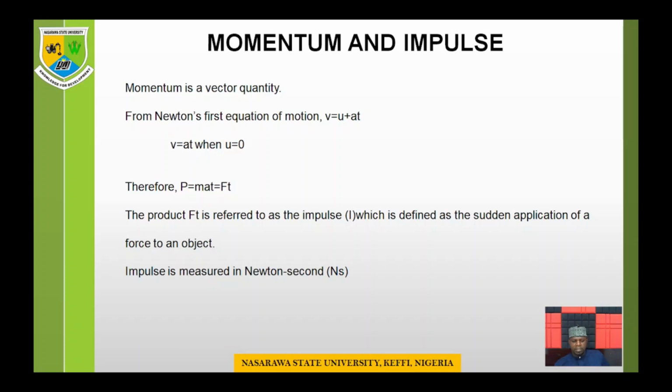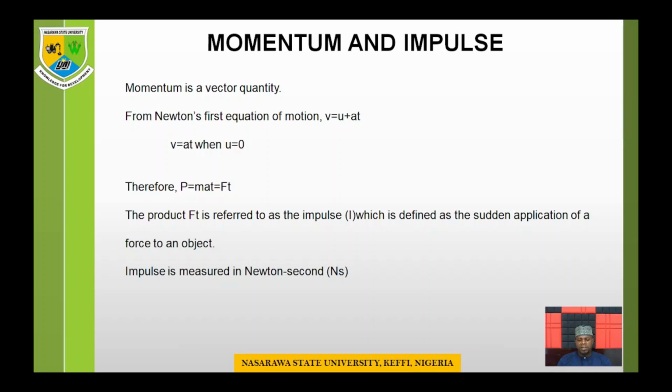Therefore, P is equal to mat, because the v now has been substituted by at. I just said that from Newton's first equation of motion, v equal to u plus at, if the initial velocity is 0, v will be equal to at.